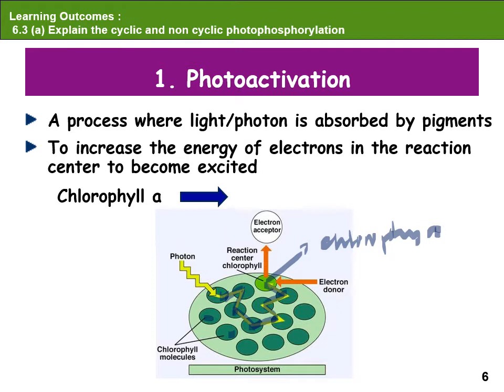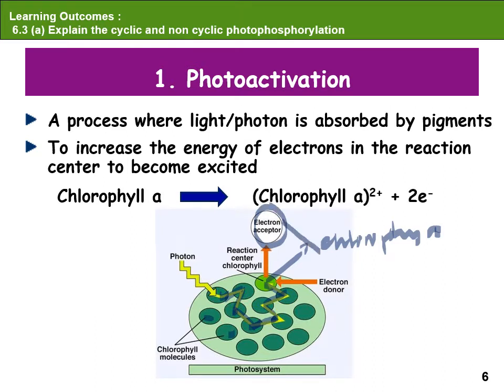Okay, and what happen seterusnya adalah this energized electron dia akan release energy when transferred along the electron transport chain. Okay, so ini selepas dia excited, dia akan accepted by the electron acceptor. Okay, ni ada electron acceptor.